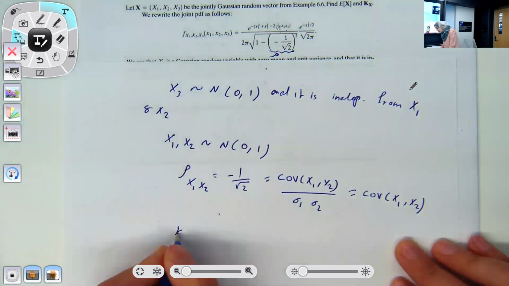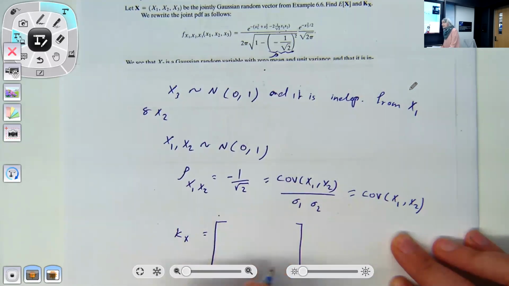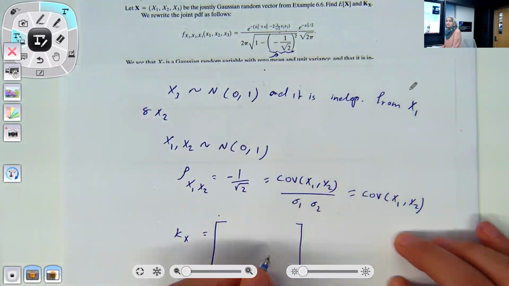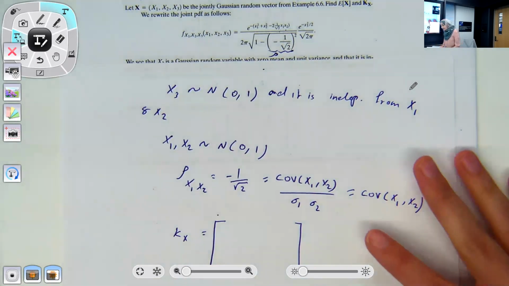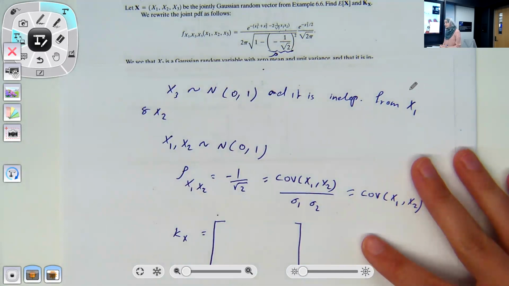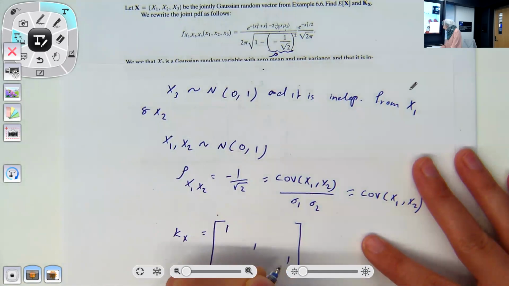Now we can write the matrix K, which has the variances on the diagonal, and we said that x1, x2, x3 all three are random variables with mean equal 0 and variance 1. So we need to put 1 here, 1 here, and 1 here.